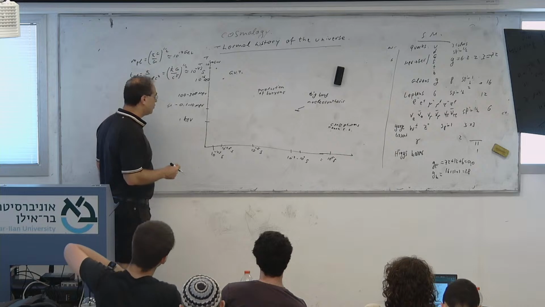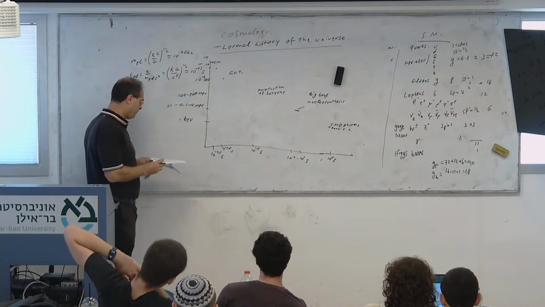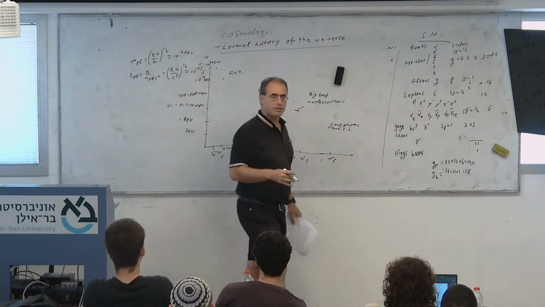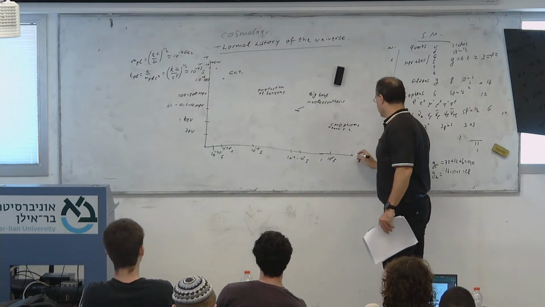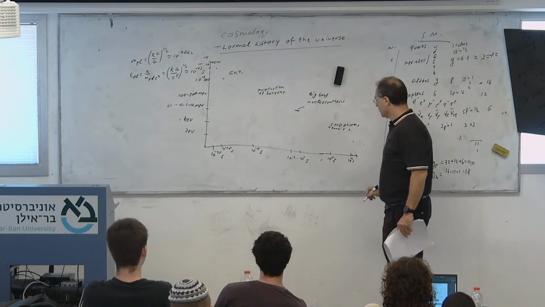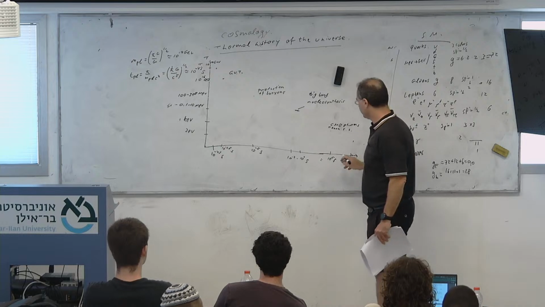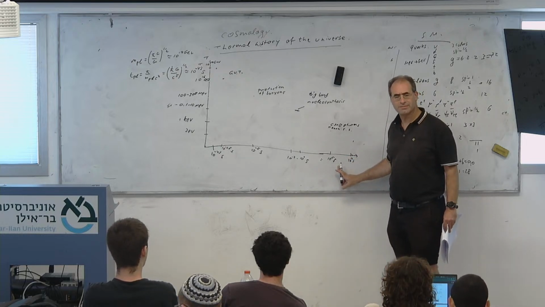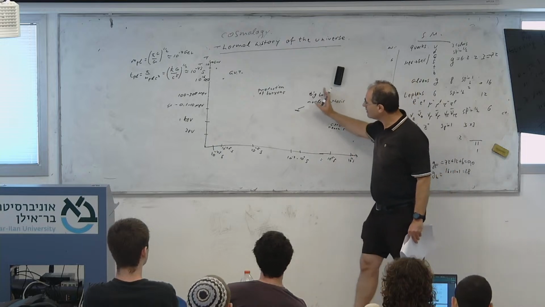At around 10 to the 12 seconds, so this is the time of around 3 electron volts, that is the equilibration between matter and radiation. Okay, so this is around 10 to the 12 seconds. By the way, if you've seen popular textbooks like The First Three Minutes, that's exactly it.